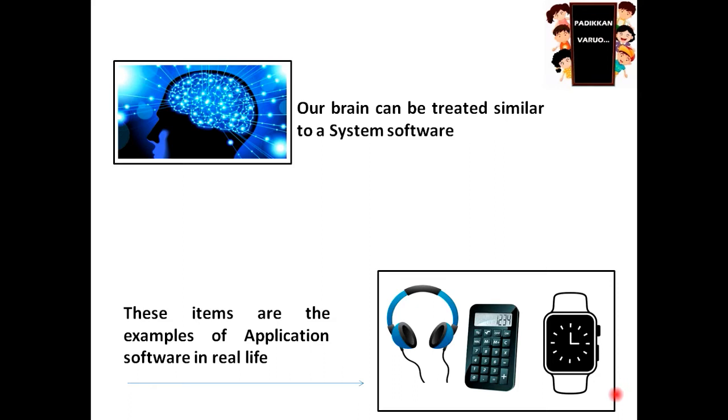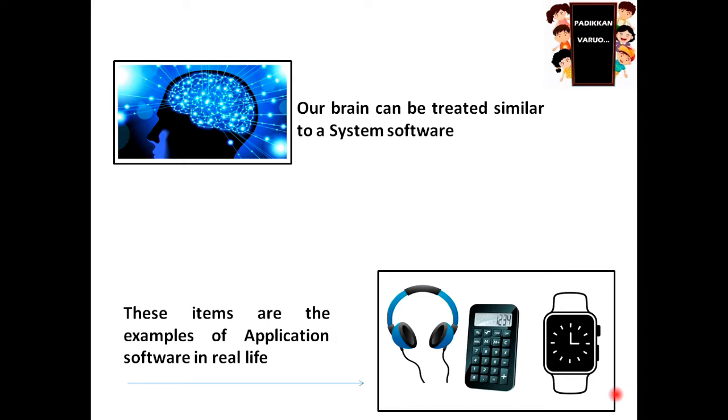So a brain is an important software related to a human being. Our brain can be treated as a system software because it helps us to operate. It is giving life to a human being. It is controlling us.